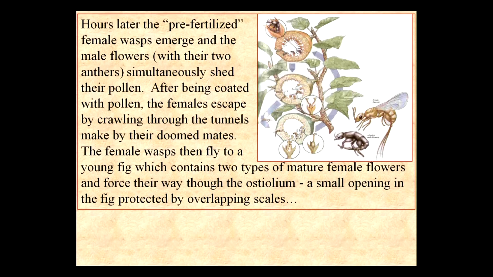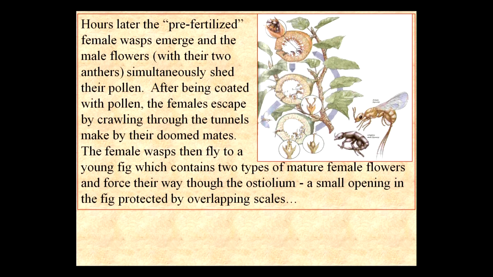Hours later, just hours later, the pre-fertilized female wasps, they just got sprayed all over the place. They emerge, and the male flowers with two antlers simultaneously shed pollen when the females begin to move about. A lot of things happen when females begin to move about, right? She makes the home work. She makes life work.